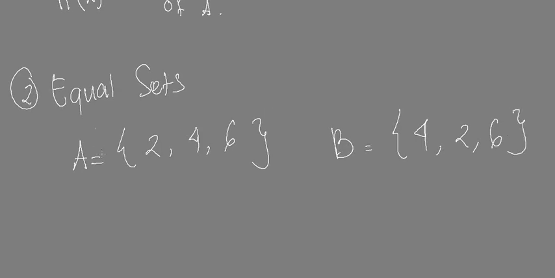Now if we look at A and B, do you think they have the same members? We have 2, we have 2, we have 4, we have 4, we have 6, we have 6. So all of them have the same members. Okay, A and B have the same members, so we can say that A equals B. As easy as that.